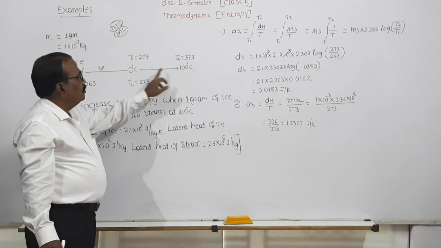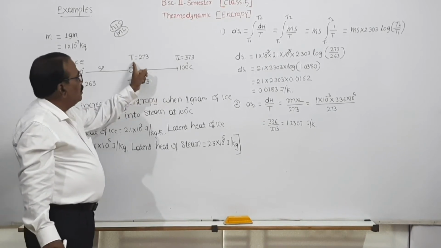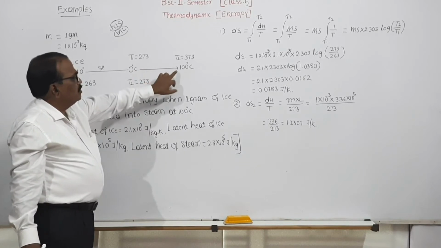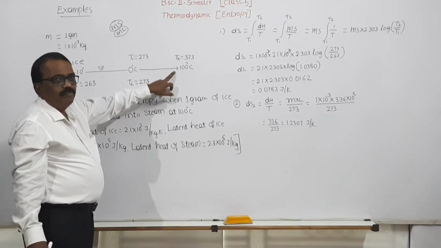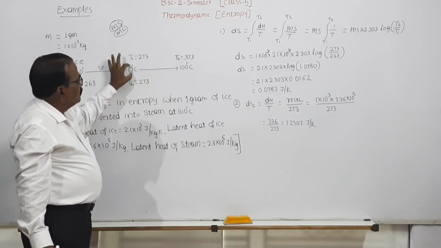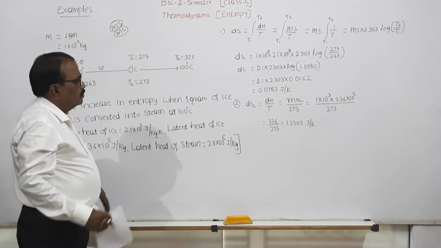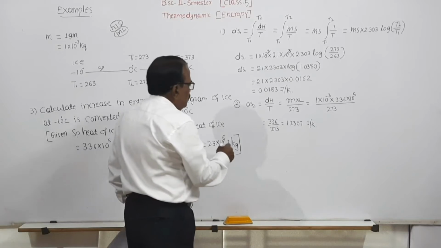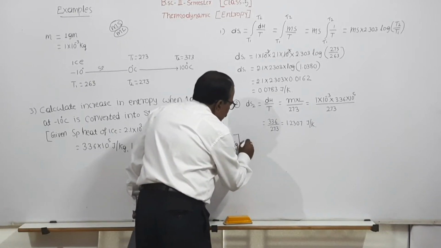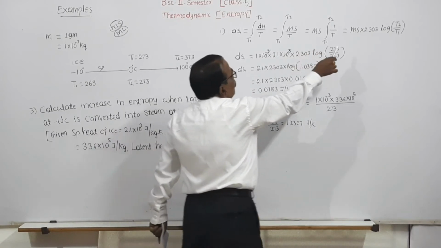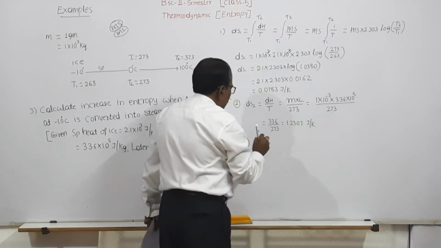Now from here to here, again the temperature changes to convert it into steam. But you have to take the specific heat of water. So for this change in the entropy, again you use this formula, m into s.